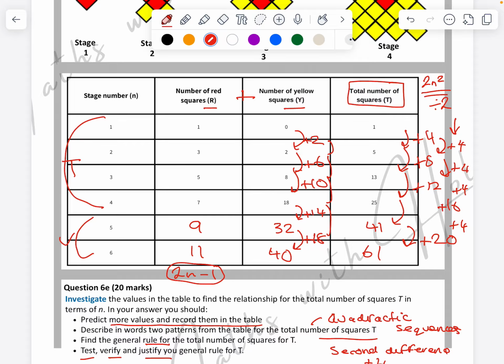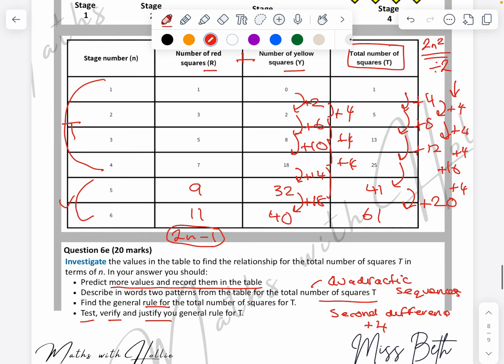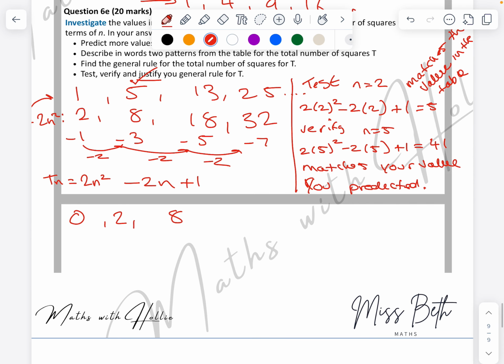So again, it's a quadratic sequence. It's going to go up in plus 4, plus 4, plus 4. So if I go to the bottom, it was 0, 2, 8 and 18. So 2n squared is going to give me 2, 8, 18, 32. You have to minus 2, minus 2.